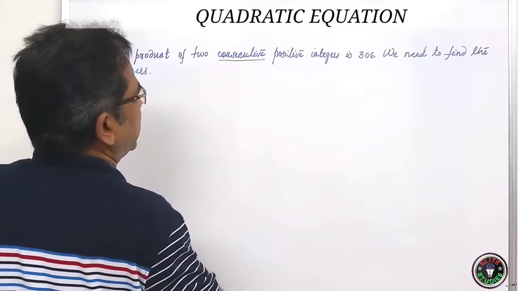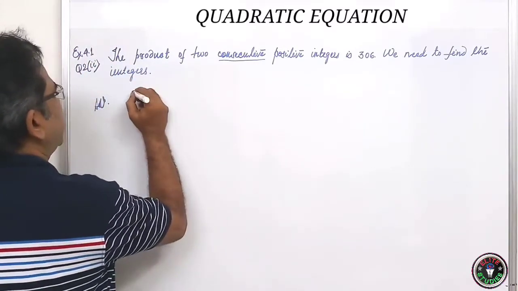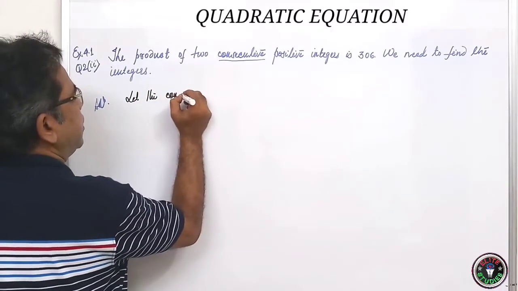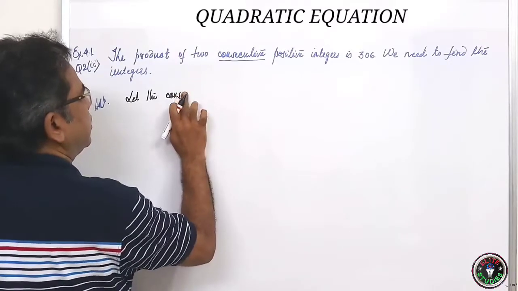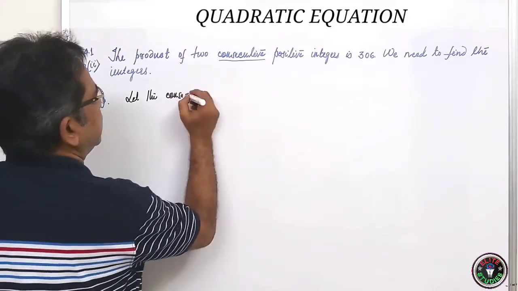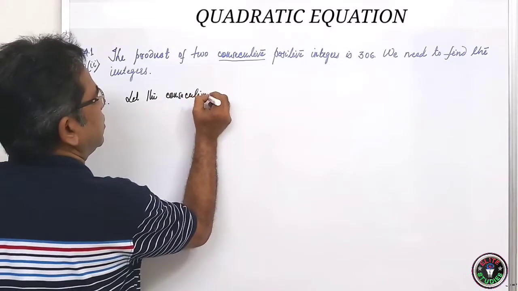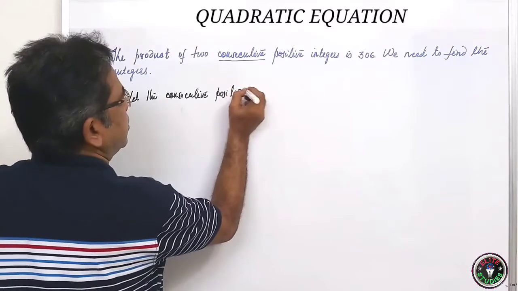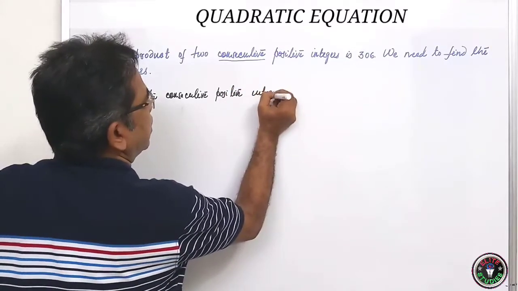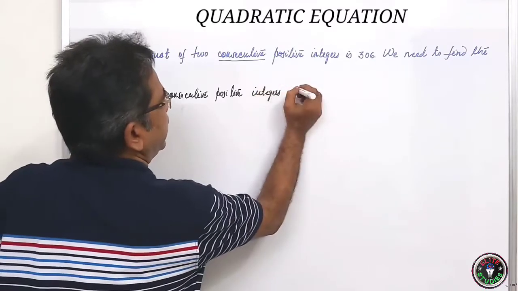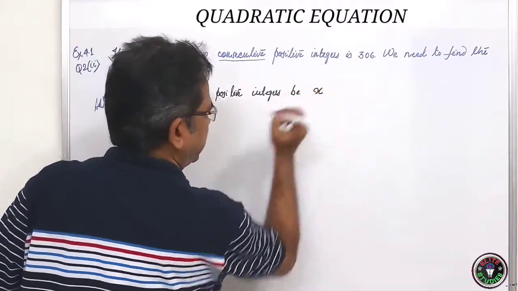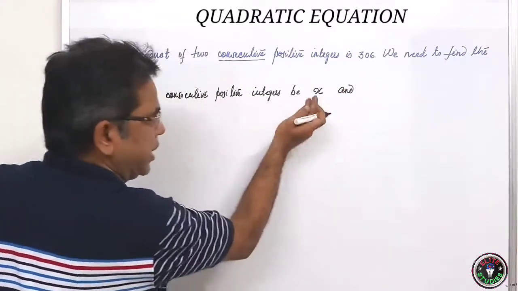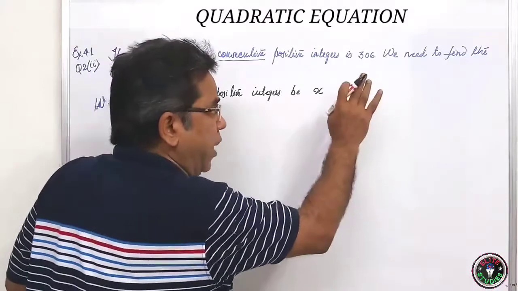Now let us consider the positive integers. Let the consecutive positive integers be x, and either you can consider one less, meaning x minus 1, or you can consider x plus 1.